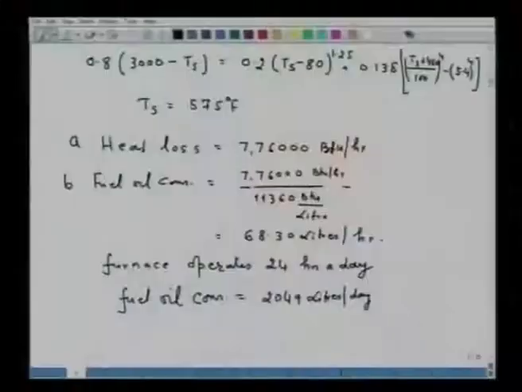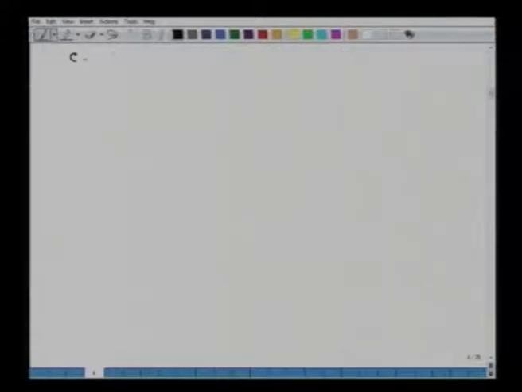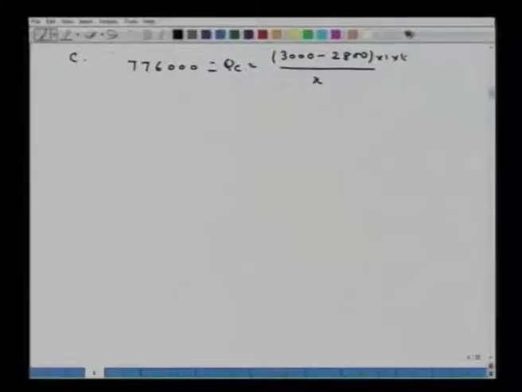Now, in part C we have to calculate the thickness of the brick which is exposed to 2800 degrees. So, in part C, straight away 776, that is equal to QC, that is equal to (3000 minus 2800) upon x, if x is the thickness which is exposed to 2800 degree Fahrenheit, into 1 into 400.